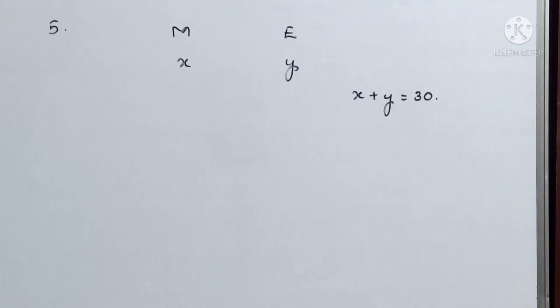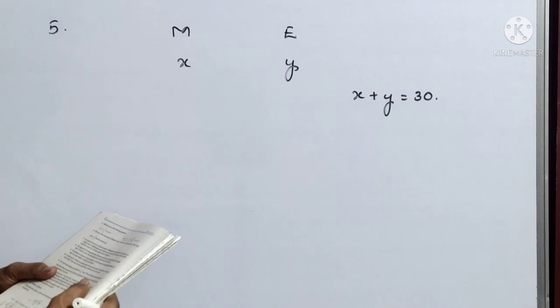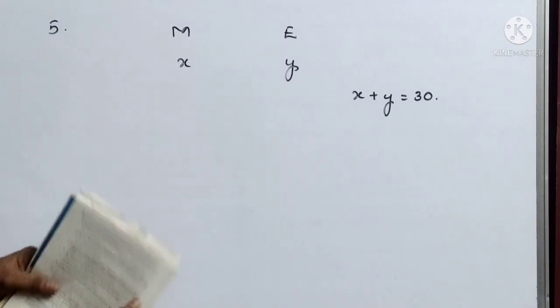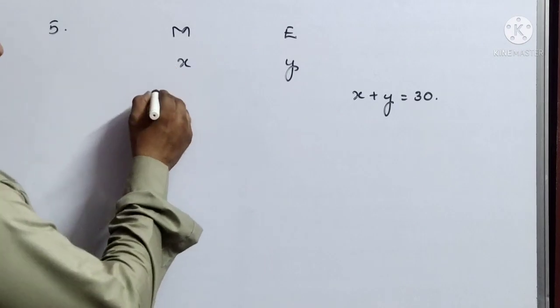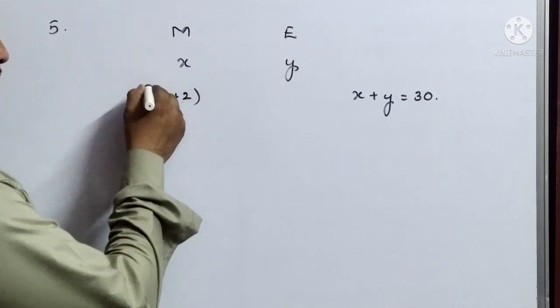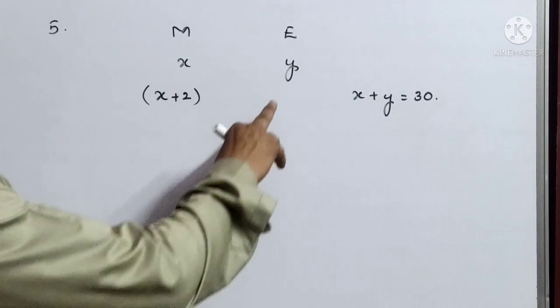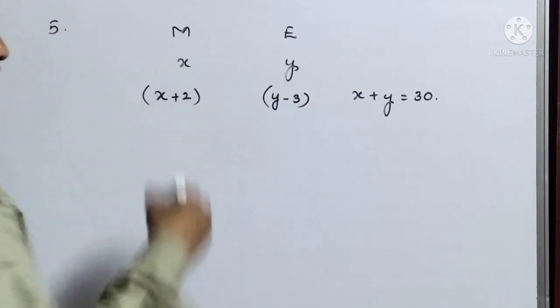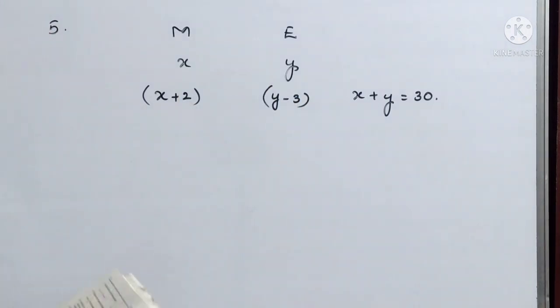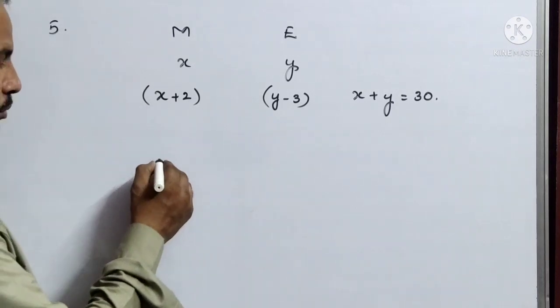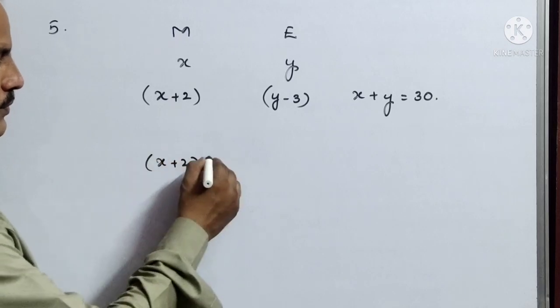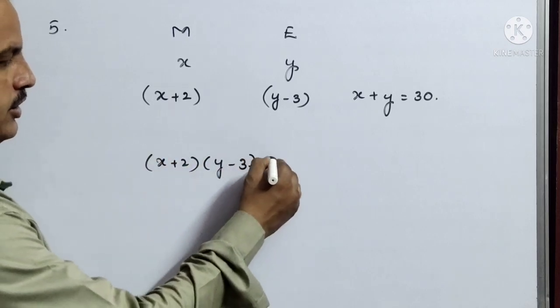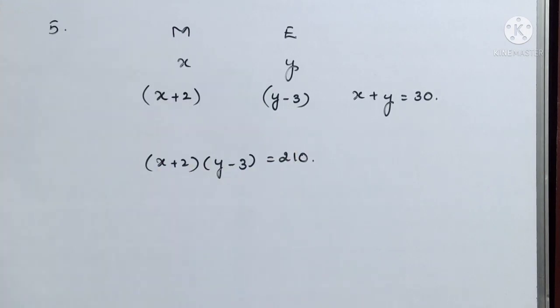And had she got 2 marks more in mathematics, that means x plus 2, whereas 3 marks less in English, that is y minus 3.